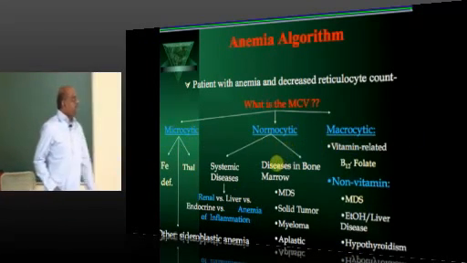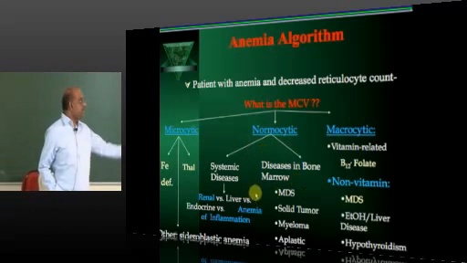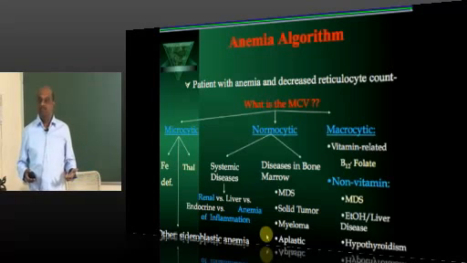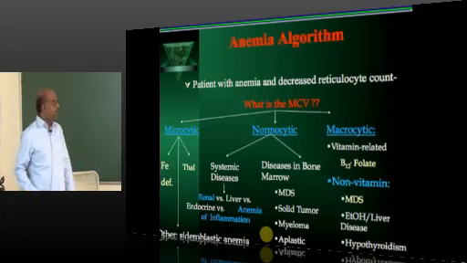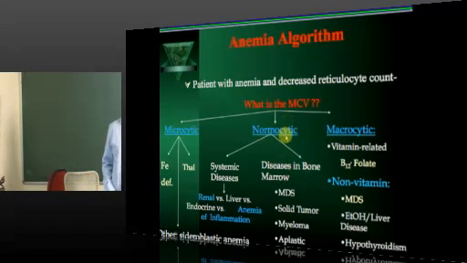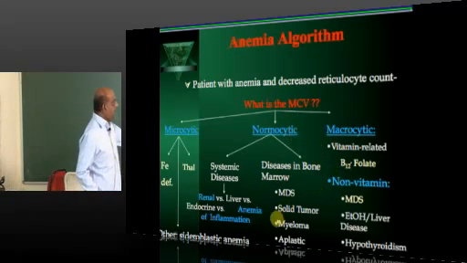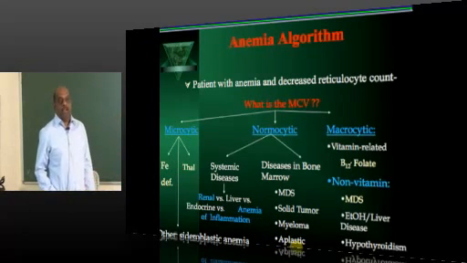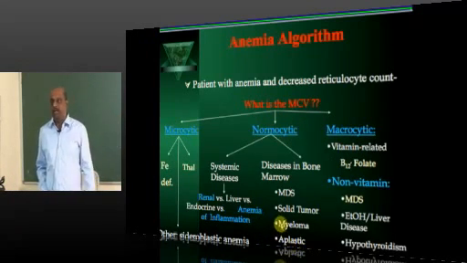If the MCV is normal, then what's the problem? Maybe the bone marrow is unable to produce RBCs. So a myelodysplastic syndrome can even present like a normochromic normocytic anemia, as can any solid tumor, myeloma or aplastic anemia.